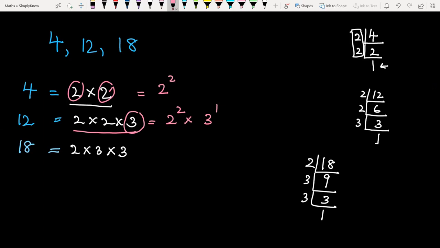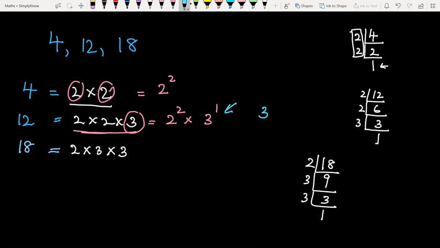We just wrote this product as a product of powers. Here, 3 to the power 1 means it's just 3. So instead of writing 3 to the power 1, you can just write 3, since any number raised to the power of 1 equals the number itself.